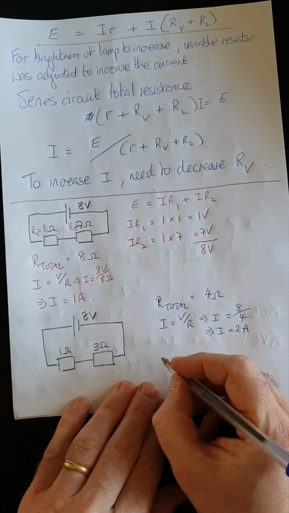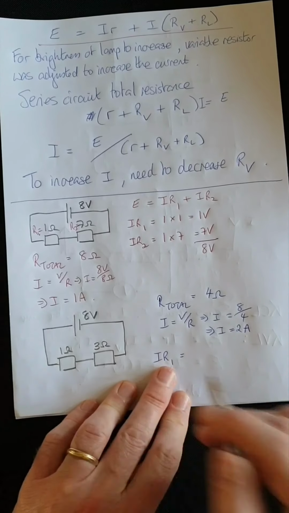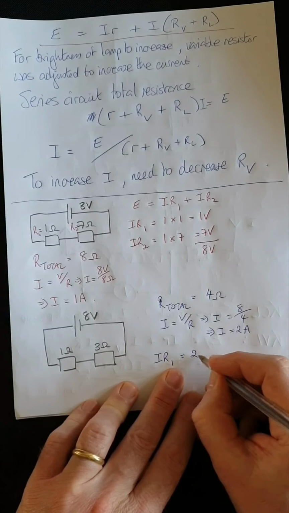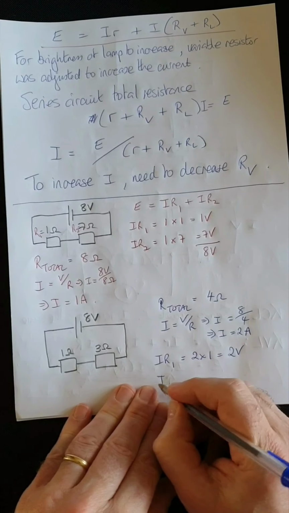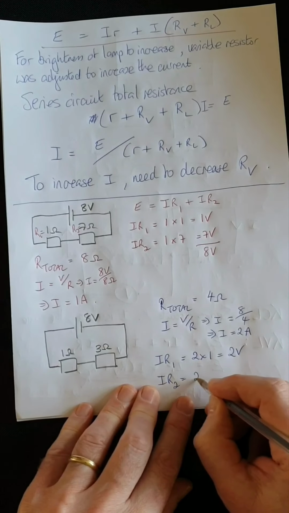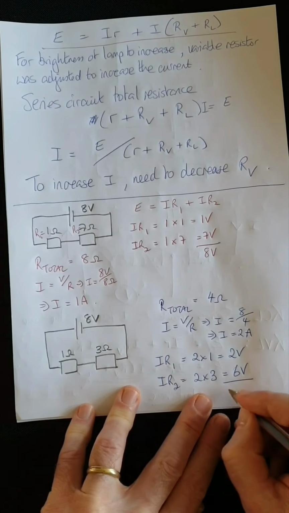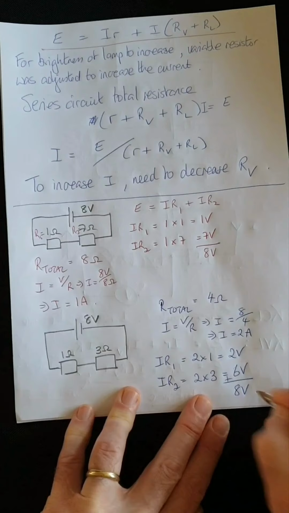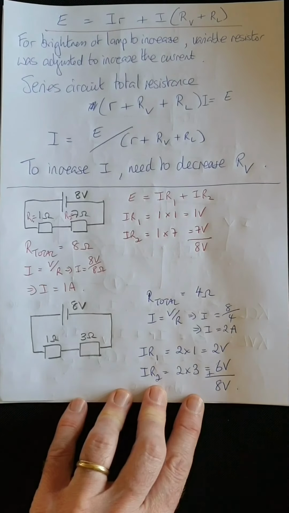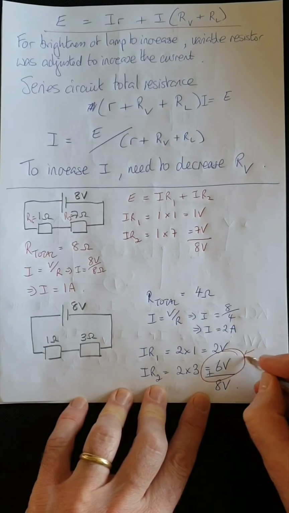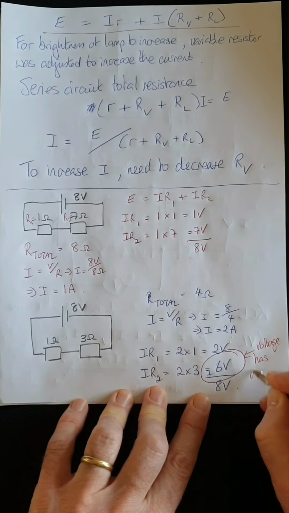Again, I can look at the potential difference across each of these. Across the first one, I've now got 2 multiplied by 1, which gives me 2 volts. And across the second one, I've got 2 times 3, which is 6 volts. Again, those add up to give me 8 volts, as required by Kirchhoff's voltage law. But we can see that the voltage across the second resistor has decreased.